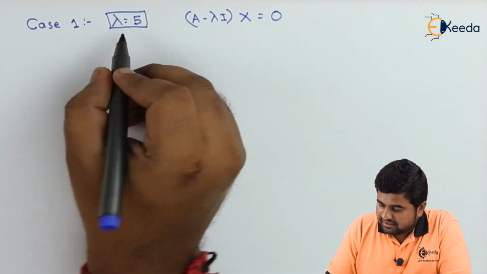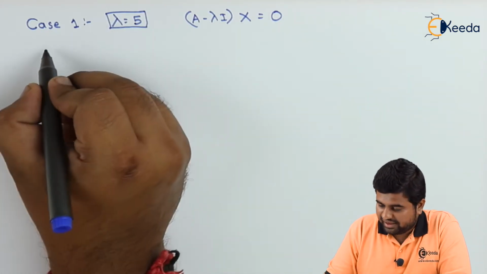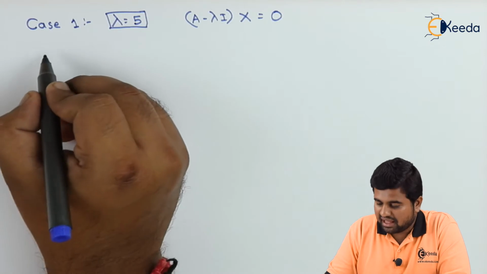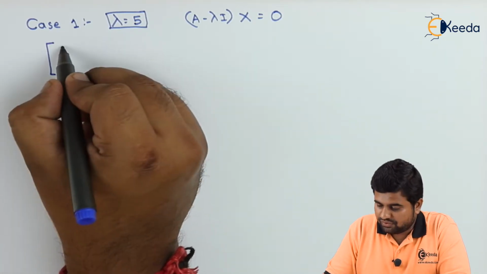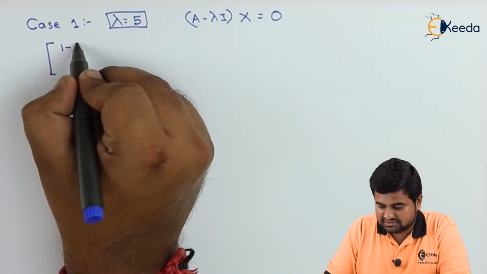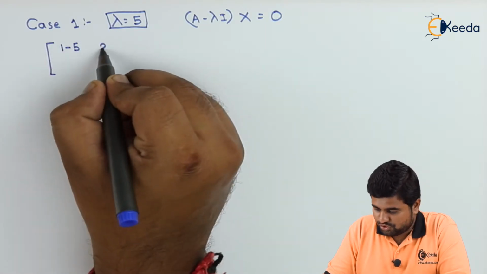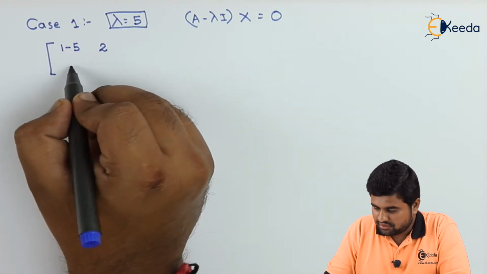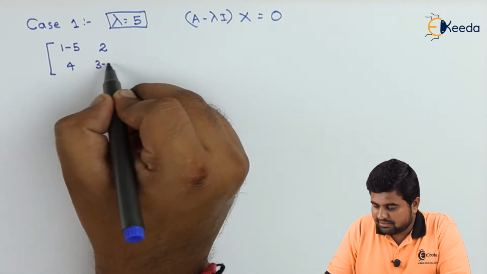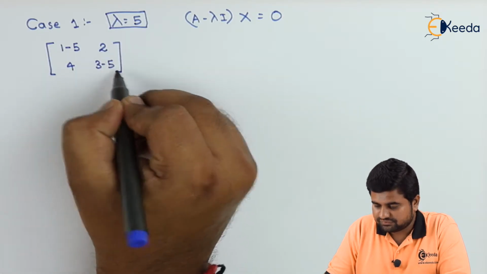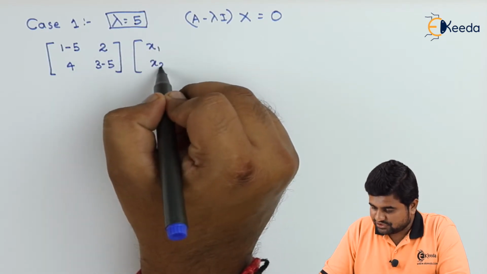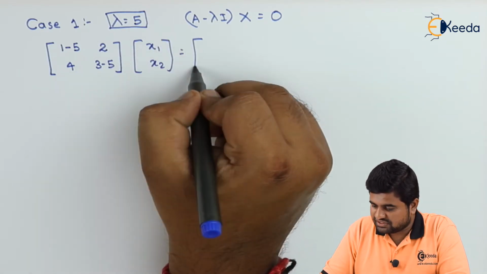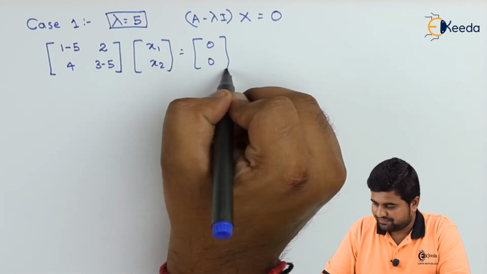So for lambda is equal to 5, now A minus lambda I would be, what is the value of 1 minus 5, 2, 4, and this is 3 minus 5, into x, which is x1, x2, is equal to O, which is 0 and 0.